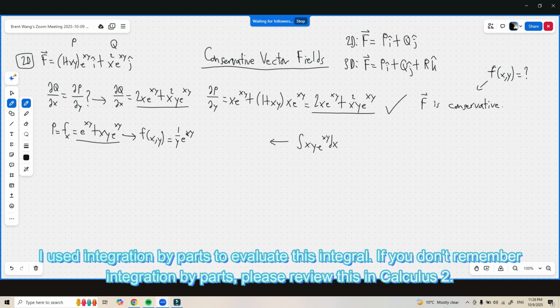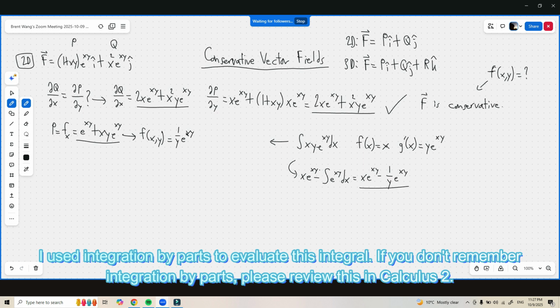In this case, I'm going to be using integration by parts. f of x is just equal to x, g prime of x is equal to y e to the xy. Here we'd have f of x times g of x, that's x e to the xy, minus the integral of f prime of x, which is just 1, times g of x, so e to the xy dx, which is equal to x e to the xy minus 1 over y e to the xy.